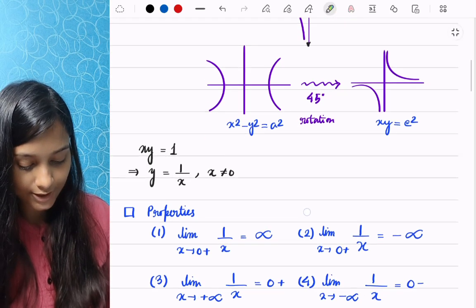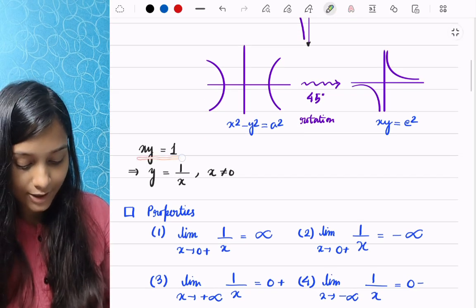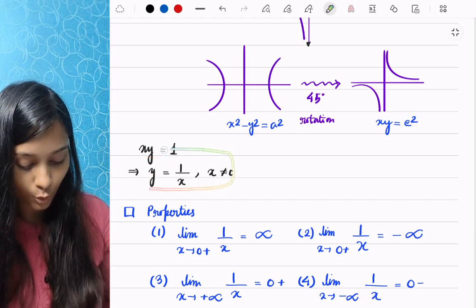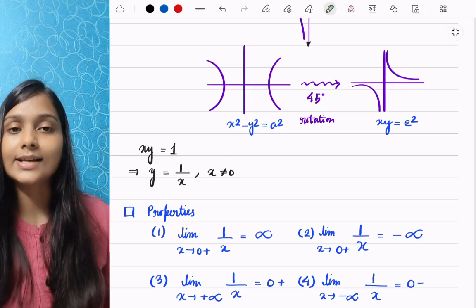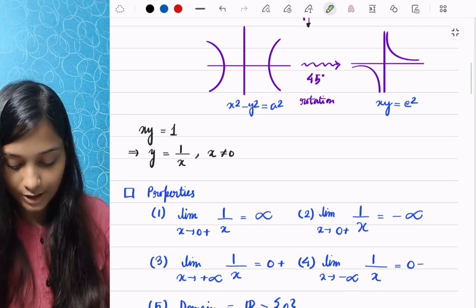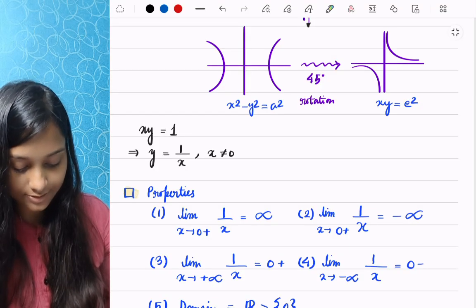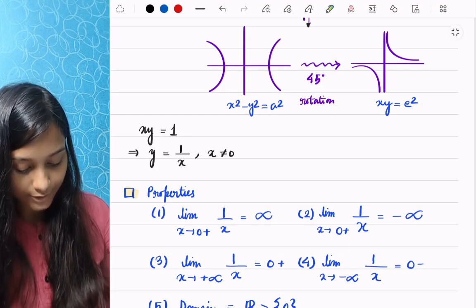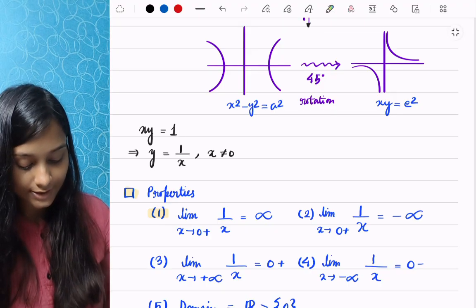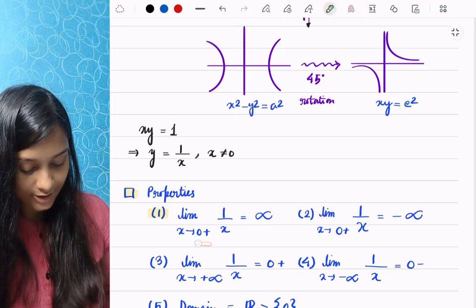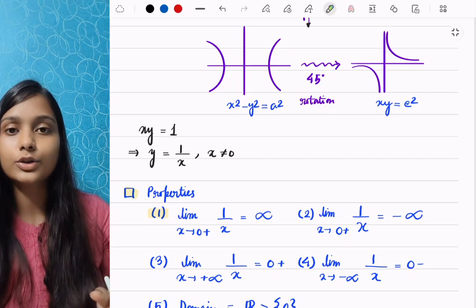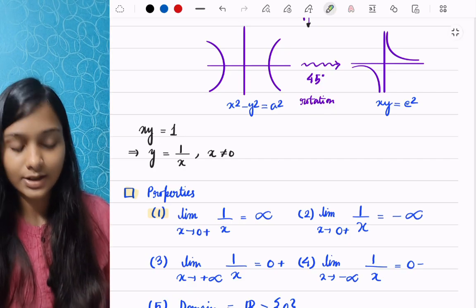Now we can see that from xy equals 1, we can write it as y equals 1 by x, our desired graph. Now for understanding the properties of this graph, first we start with the limit as x tends to 0 plus. So what does this 0 plus mean? 0 plus means it is very near to 0 but to the right hand side of 0.